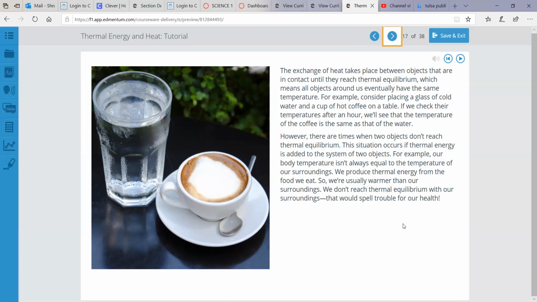So our body temperature isn't always equal to the temperature of our surroundings. Within ourselves, we produce thermal energy from the food we eat. So we're usually warmer than our surroundings. We don't reach thermal equilibrium with our surroundings because that would not work out in our favor, actually.